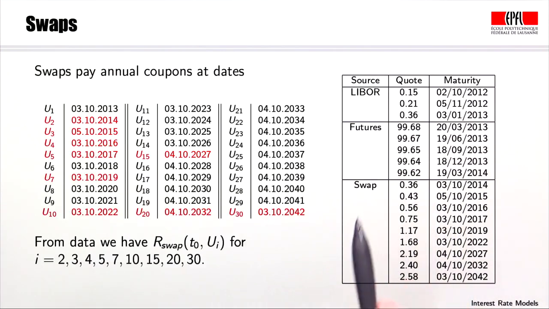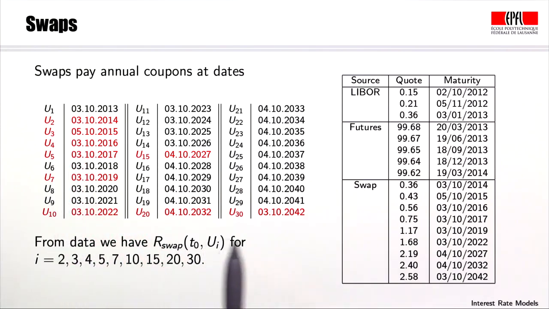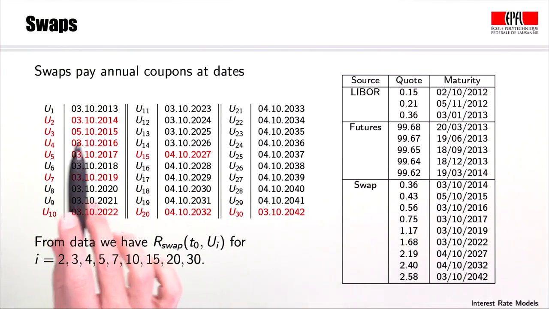The third block contains swap rates for 9 different lengths. These swaps pay annual coupons at the following 30 dates. The dates marked in red are the dates on which the 9 swaps mature.